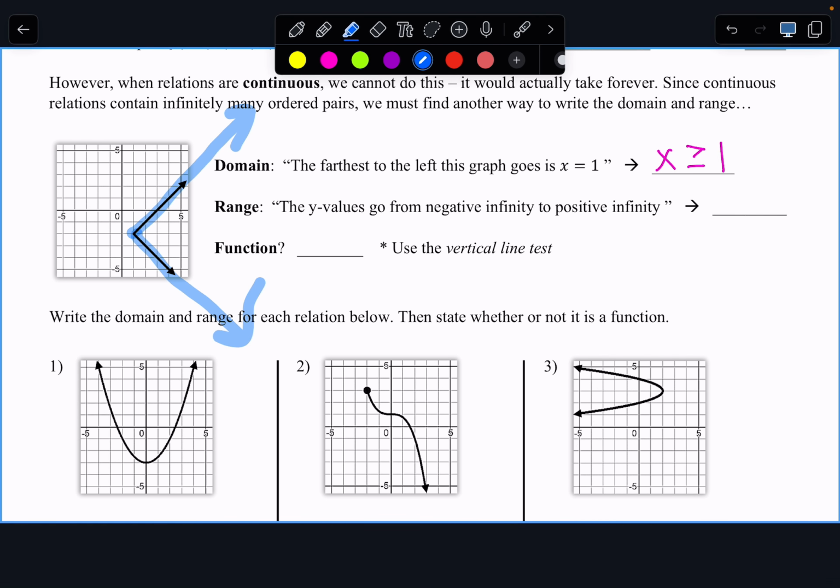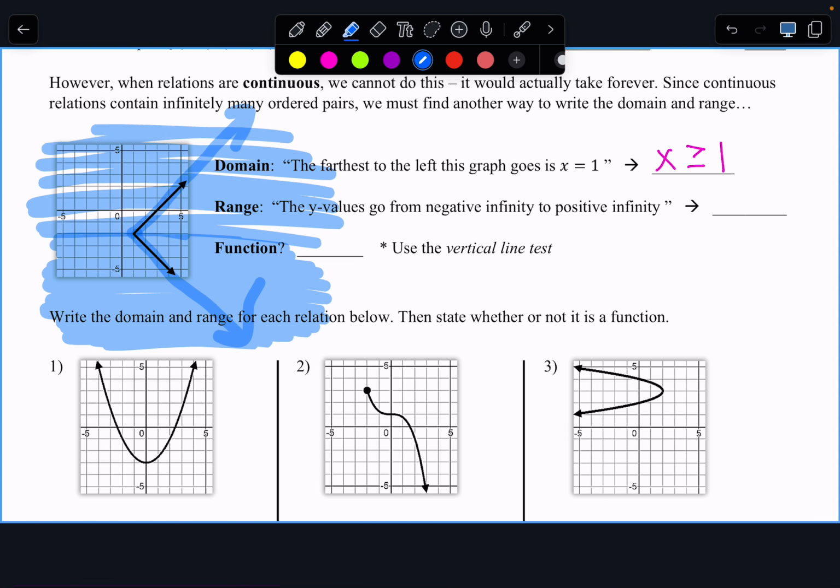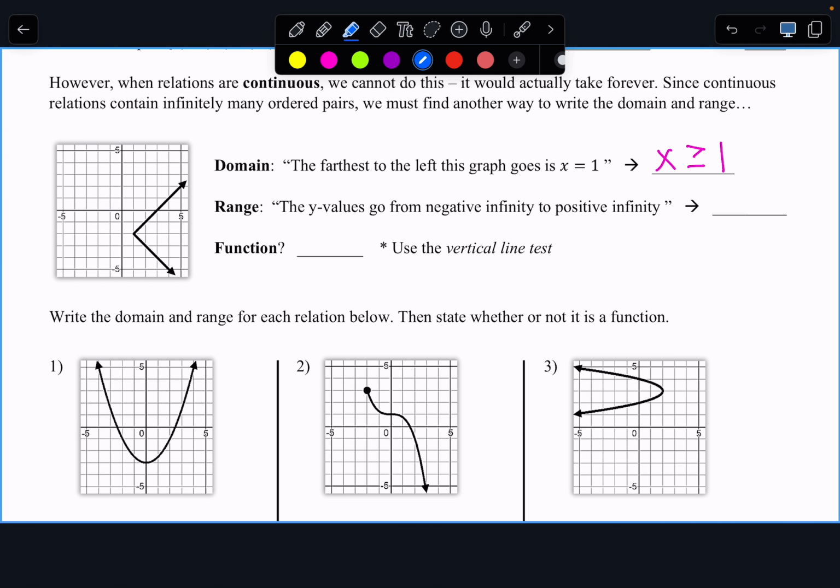So we have range that keeps going down, down, down, and range that keeps going up, up, up. So any y value I can find a coordinate for. So we are going to write this, which means all real numbers.